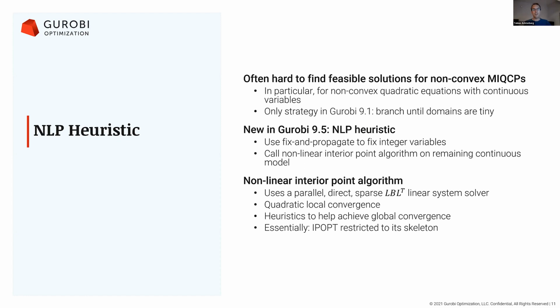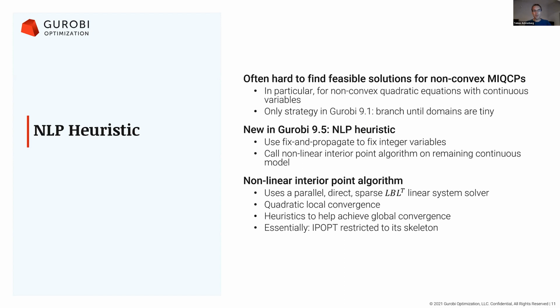It just means that independent of the starting point that you use for that algorithm, it will always converge to some local optimal solution. So this is where these heuristics kick in to help to achieve that. Of course, it can still fail to do so. But essentially, you can view the algorithm as what IPOpt implements, but really restricted to its skeleton.